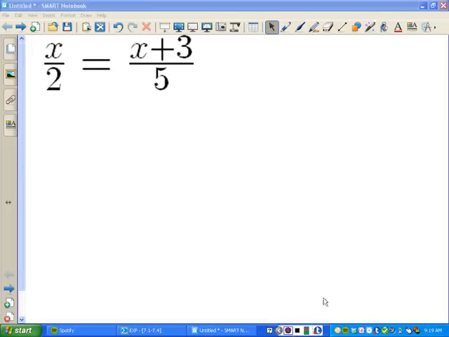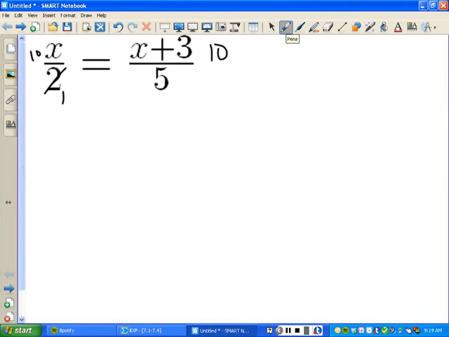All right. Common denominator is 10. So you're going to multiply both sides by 10. And you'll get 5x equals, 5 goes into 10 two times, 2x plus 3.